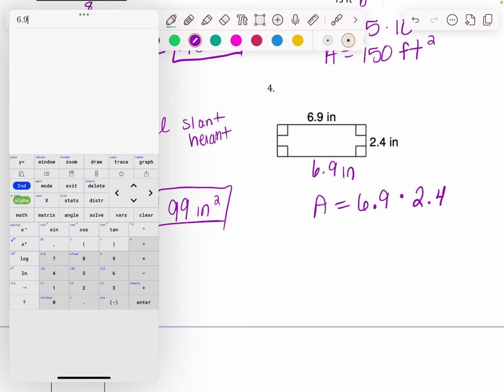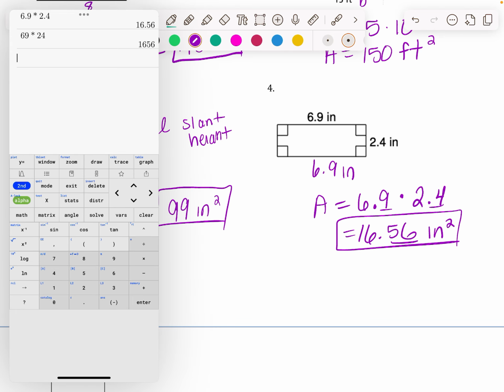So 6.9 times 2.4 is going to be 16.56. If you didn't have a calculator, just do 69 times 24. And then since there's 2 numbers behind the decimal, there has to be 2 numbers behind the decimal in your final answer. And then it would be square inches. Inches squared.